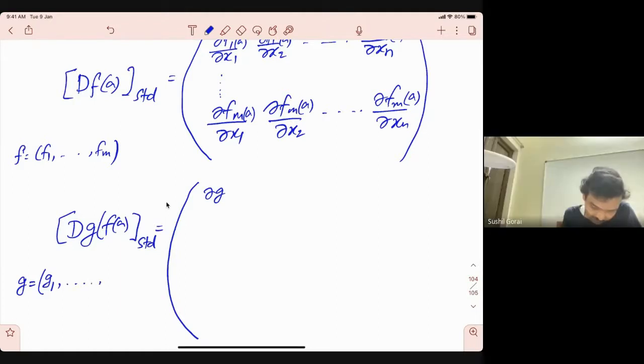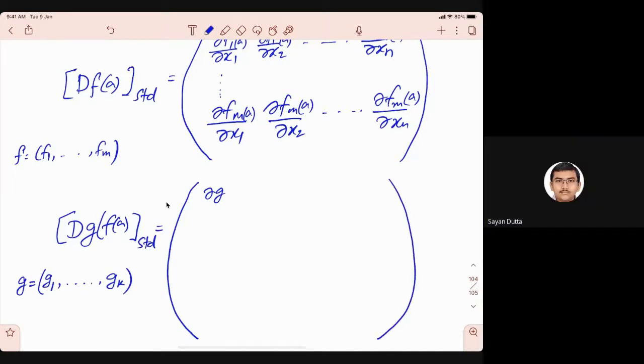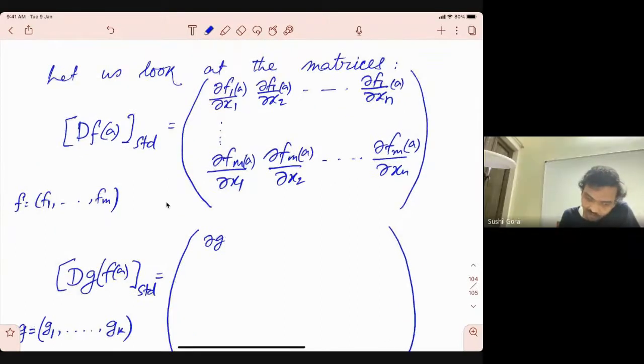G has just k components, and what will be the order of the matrix? K cross m. Here you see in the first row you have only F1, and you deal with Fm in each row, so this is m cross n.